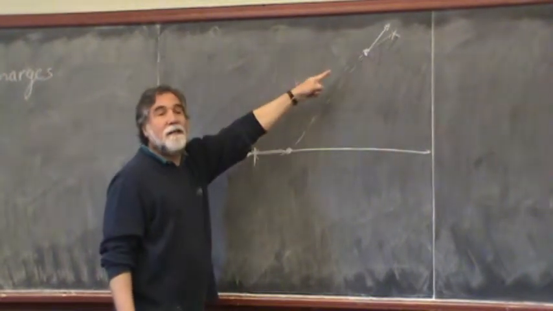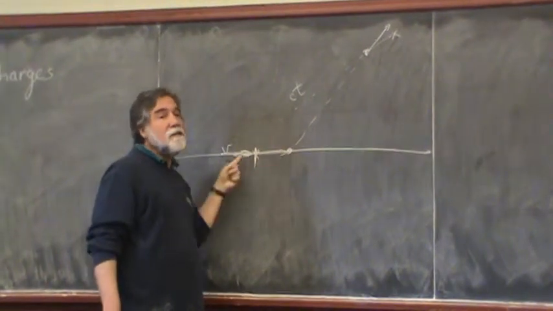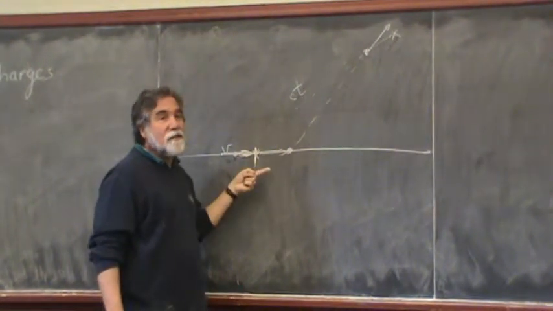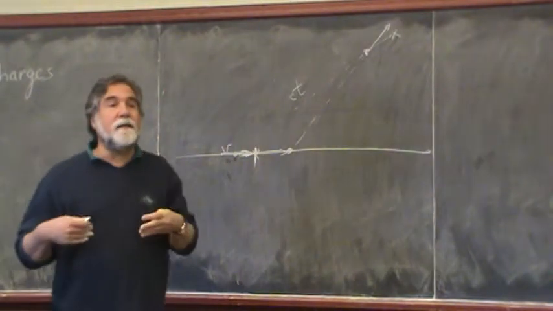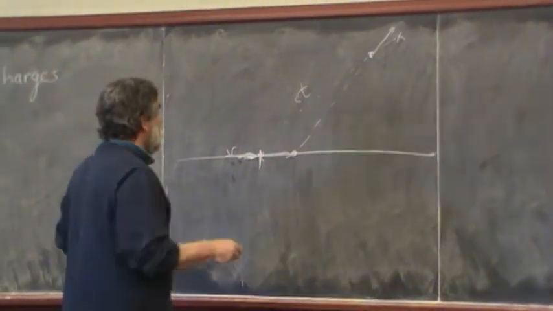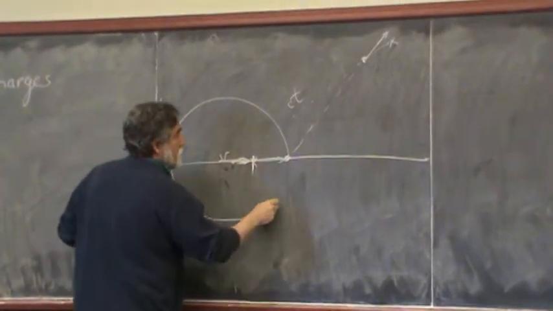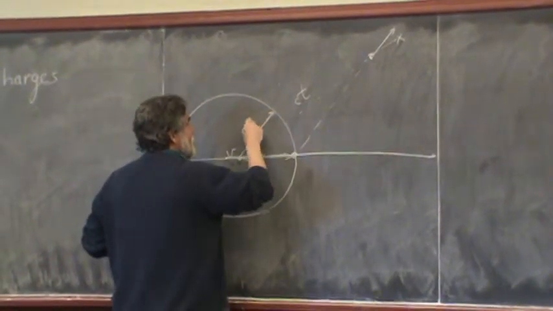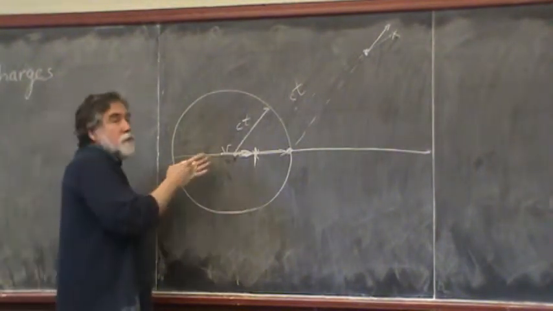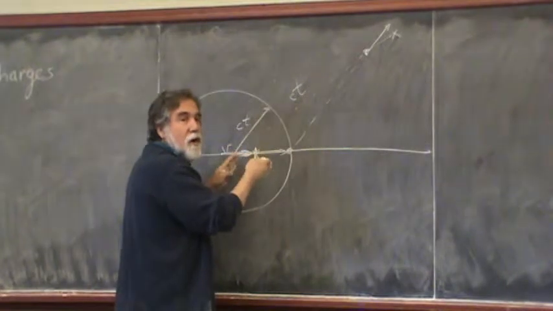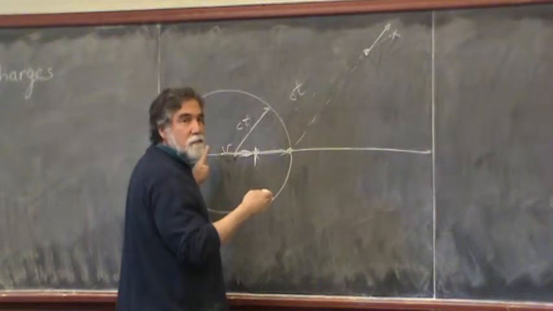The signal that is seen over there is as though the particle kept on going, because it doesn't know yet that the particle has stopped. So for every object that's moving, there's a circle of radius CT around it, within which the motion of the particle out to a certain time is known, and outside of which the motion of the particle is not known.